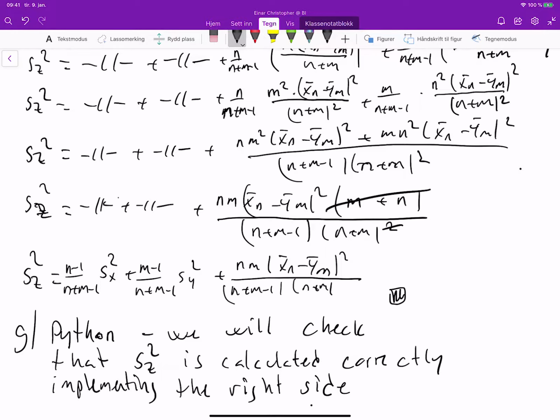Here is Python, and here we got the code from the text which you have been given. So that should just be copy and paste. I believe you have done that, and then we have to see what this code says. Here we have n, a special case for n equal 83, that's the length of the x vector, and m is 12, that's the length of the y vector.